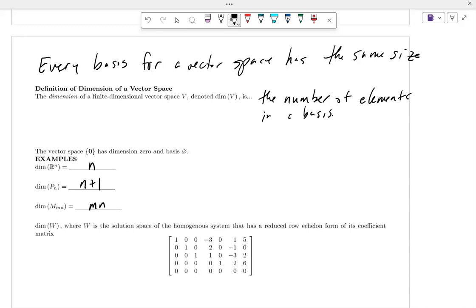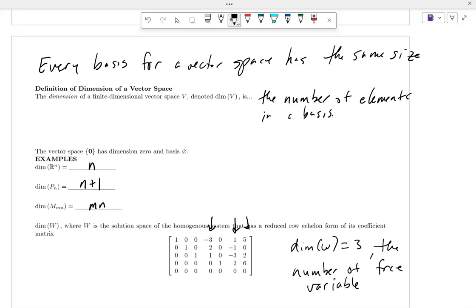Remember when we wrote those solutions out as something times a vector plus something else, right? How many vectors do you think we're needing in our basis here? I'll need 1 for that one. That could be anything. I need 1 for that one and 1 for that one. Okay? So the dimension here will be 3, which is the same as the number of free variables.